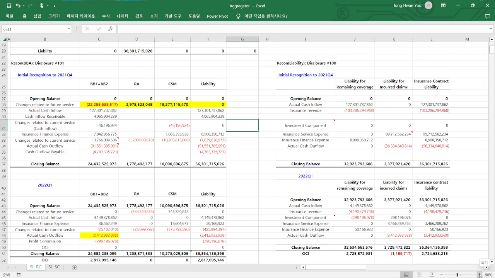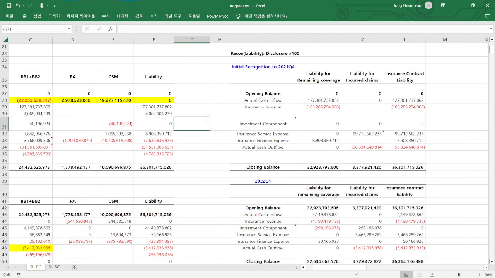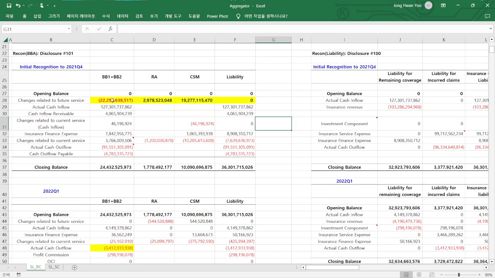And here, I would like to say that in this figure, which is yellow, this is the onerous test results, like all the building blocks values at the initial recognition time.